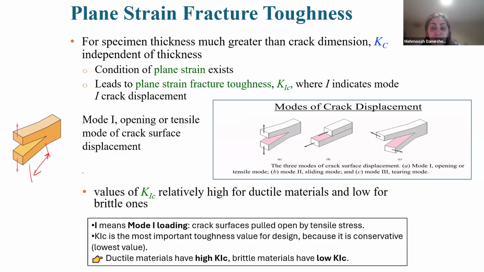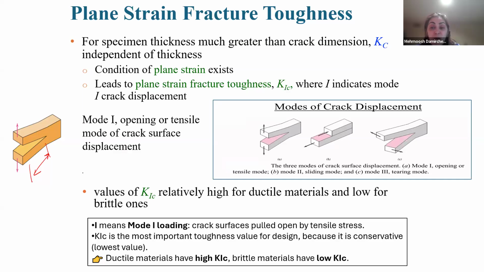In this case, the condition is called plane strain, meaning the other two dimensions, the 2D geometry, are much bigger than the thickness, so we consider this a plane strain condition.